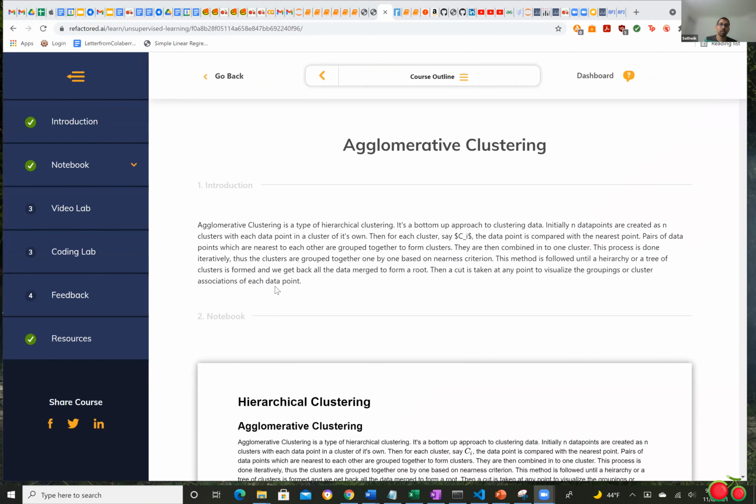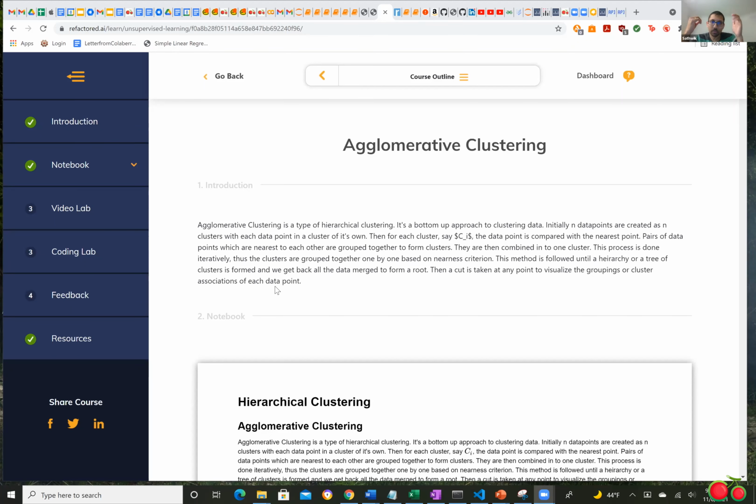Hierarchical clustering starts off with individual data points, and it's the same concept, but it has a specific hierarchy, which means that in the case of k-means or DBSCAN, from one cluster to the other cluster, there might or might not be any relationship, right?